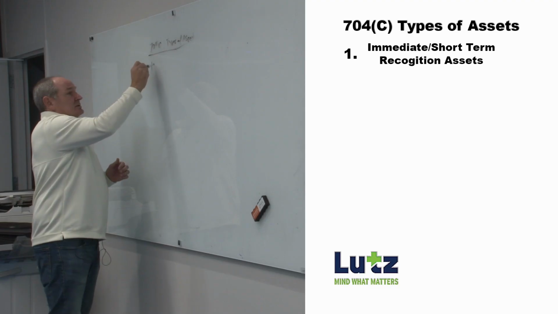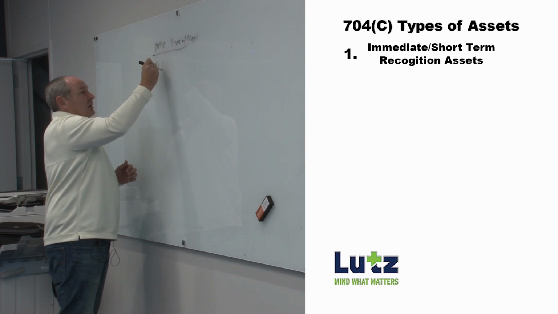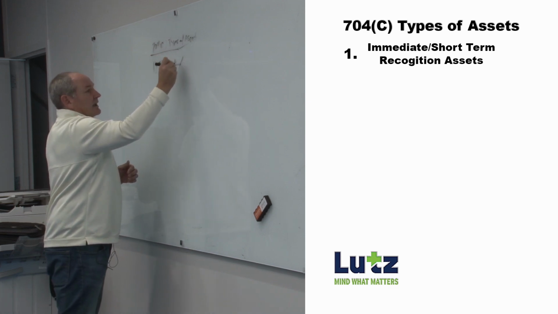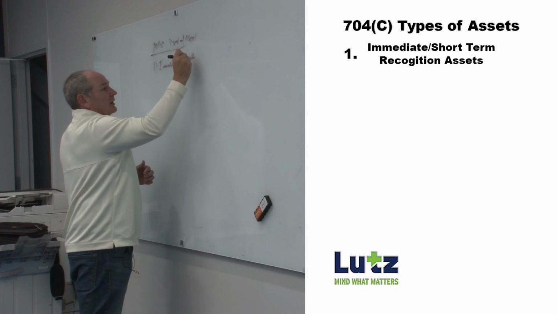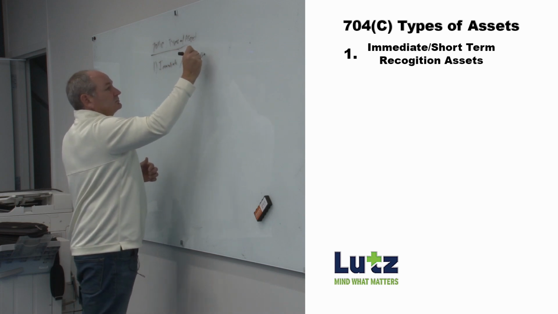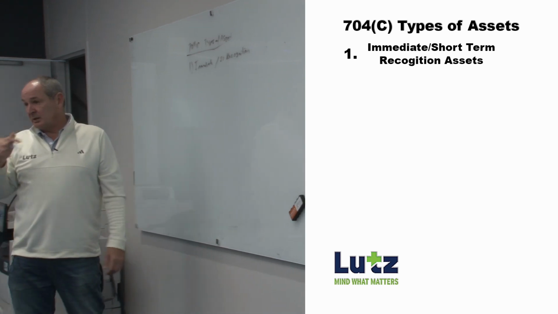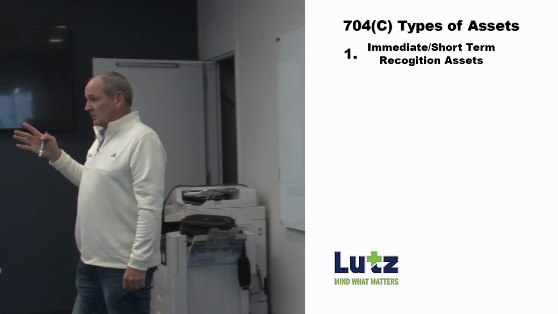Okay, one is, I'm going to call it immediate or short-term recognition assets. Okay, and an example of an immediate or short-term recognition asset is going to be cash basis AR.